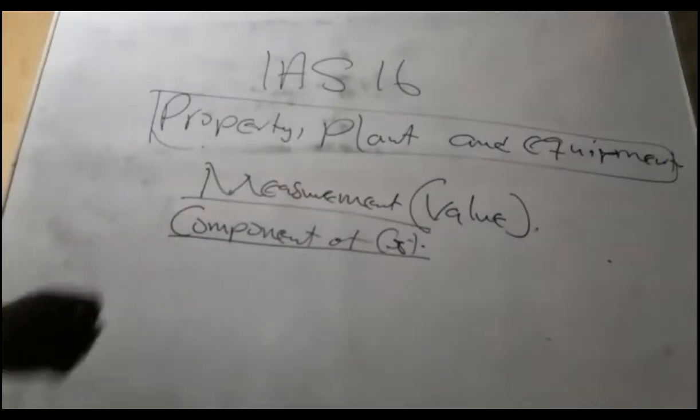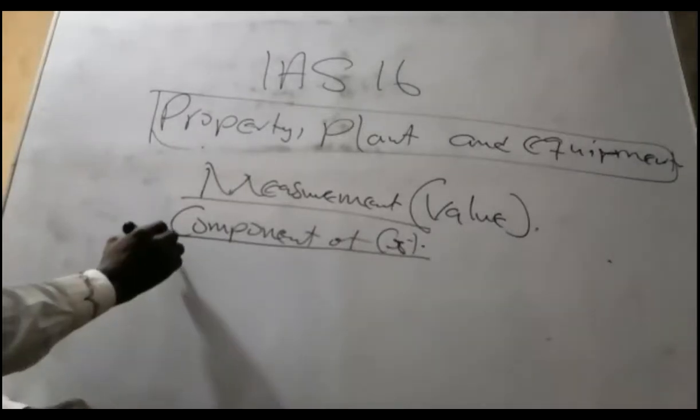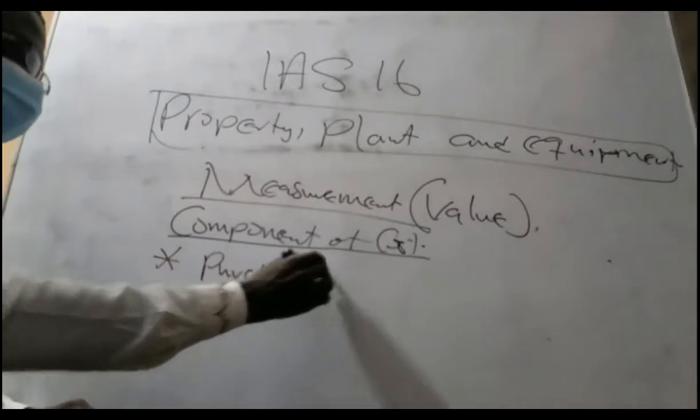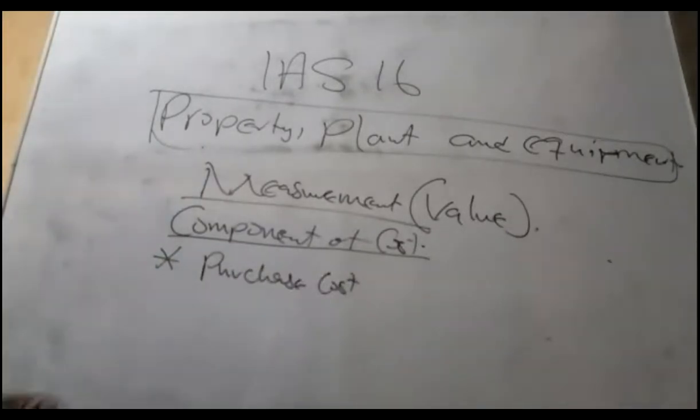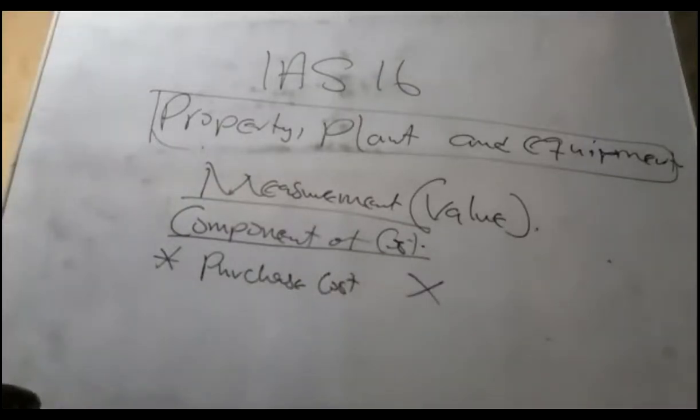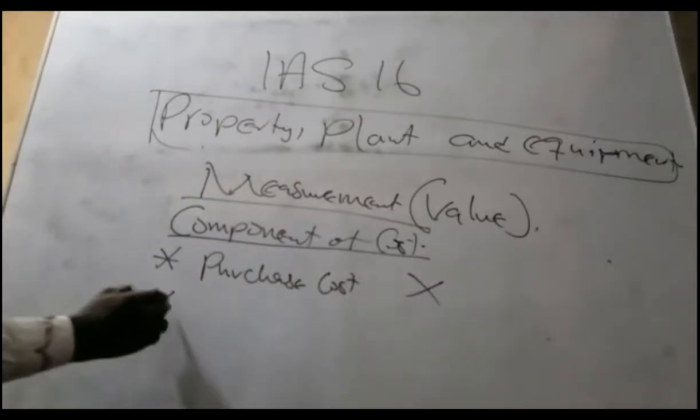So component of cost, it's comprised of three items. So I'll just list them here. First is the purchase cost. Now, when you mention the purchase cost, there's another one attached to it, but I'll give the details.